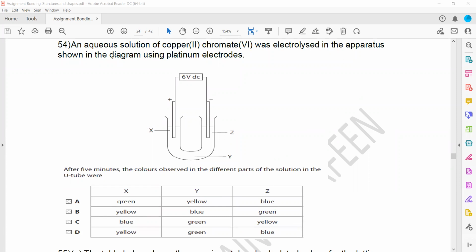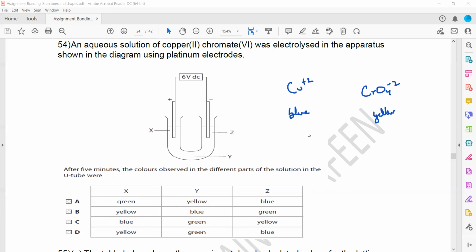In question 54, an aqueous copper chromate solution is electrolysed. So copper chromate is the electrolyte, with chromate having a 6 sign. For the appearance of the ions, we just read this: copper is blue in color, chromate is yellow in color.